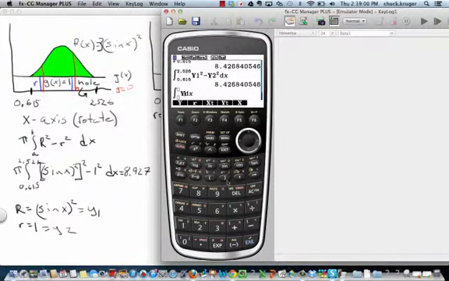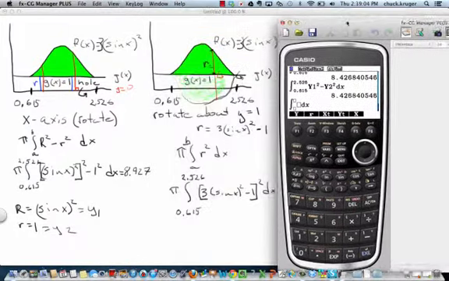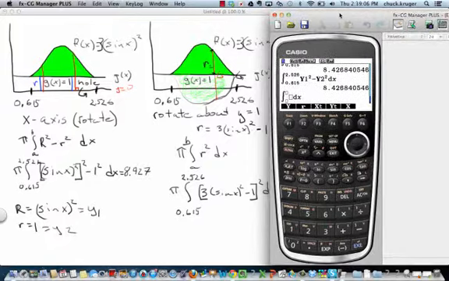I'm going to delete here. If I slide this over a little bit, I want to set it up correctly. I'm going to have parentheses, and I'm going to have my y1 minus my y2. Remember, this right here is my y1, this is my y2, and I'm squaring that difference.